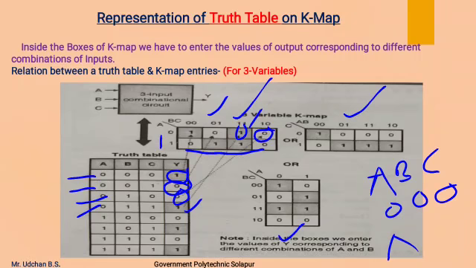This is how we can enter the output values for the corresponding different combinations of inputs or for their respective product terms. This is another way to represent the Kmap, where variable C is taken vertically and AB variables are taken horizontally. And in the third format of this Kmap, BC variables are taken vertically and A variable is taken horizontally.